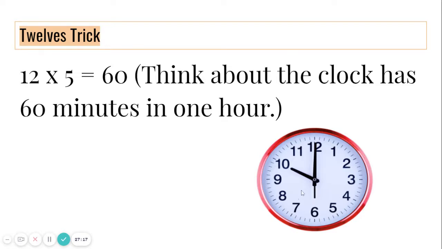Remember our benchmark number. 35, 40, 45. There's another benchmark number. 15, 30, 45. 50, 55. How many minutes in an hour? 60. So 12 times 5 is 60, or we're going to flip it around and think about it as a 5 trick. 5 times 12 is 60. 60 minutes in an hour.